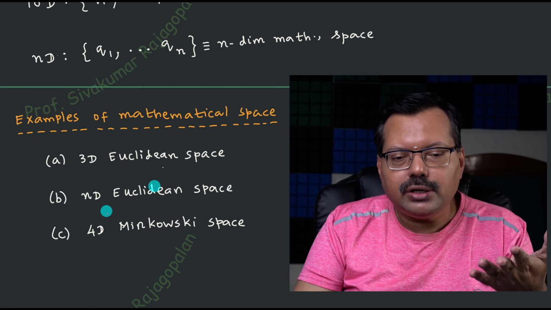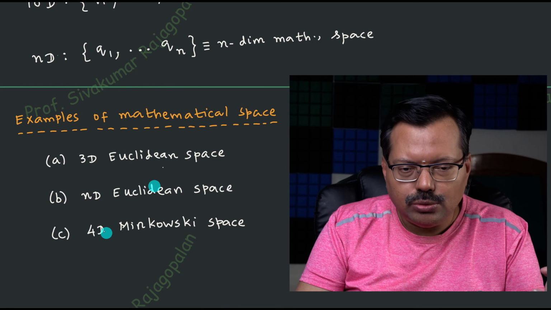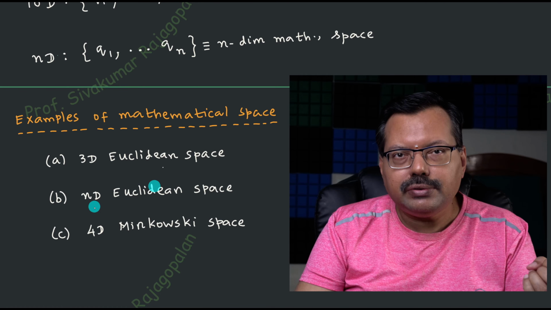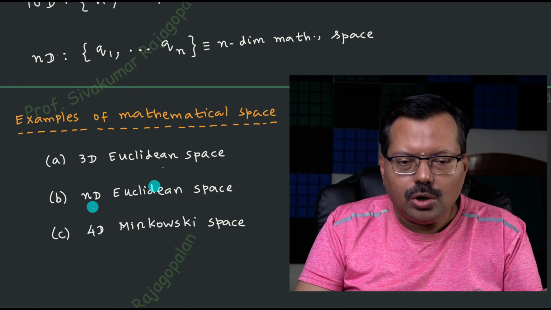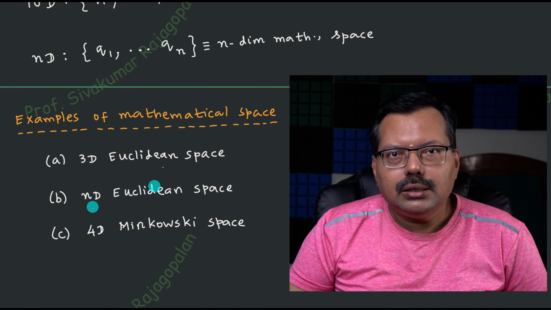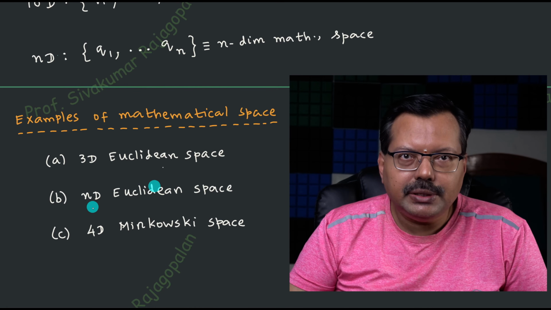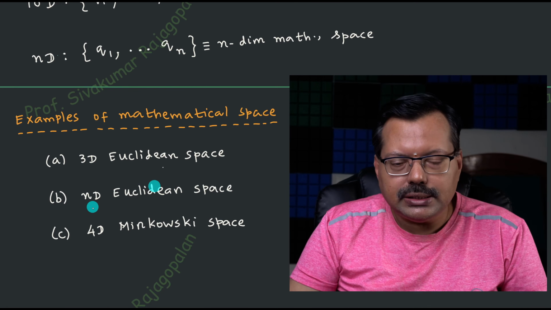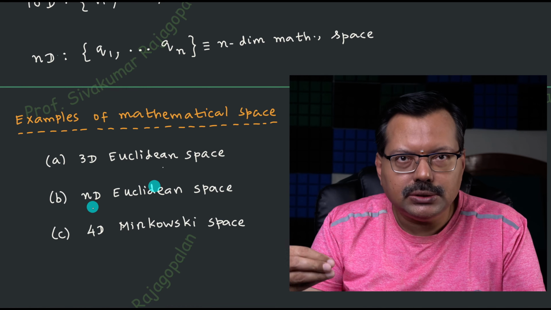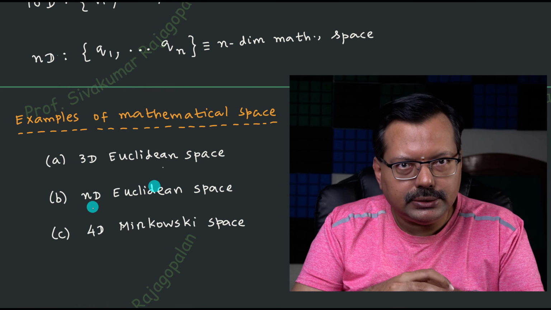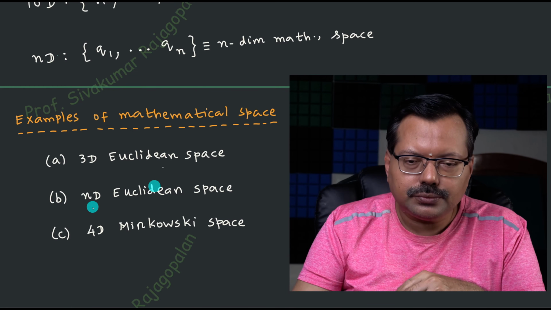Of course, the reason for the difference I will tell, but no need to worry right now. The main difference is that in the case of the 4-dimensional Euclidean space, all the elements will be of the form space. Space means if you are going to consider 1 meter, for example, similarly the second element will be in meters, the third element will be in meters, the fourth element will also be in meters. We are talking about distance.